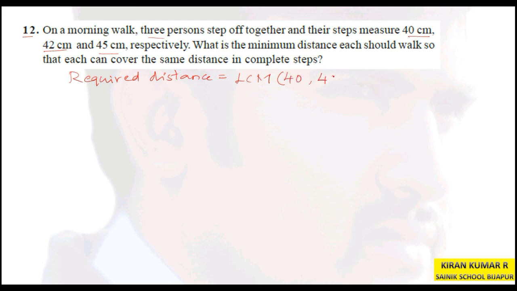40, 42 and 45. We shall find this least common multiple using the fundamental theorem of arithmetic, that is the prime factorization method. 40 is nothing but 8 multiplied by 5, it is 2 cubed into 5. 42 is nothing but 6 times 7, that is 2 into 3 multiplied by 7. 45 is 9 times 5, so it is 3 square into 5.